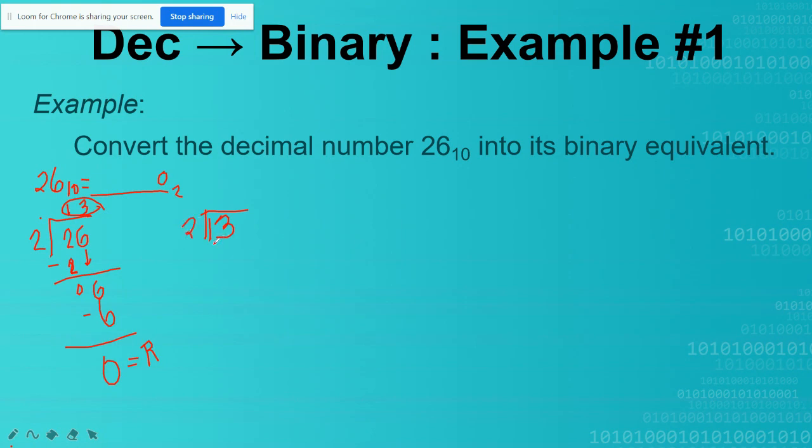Definitely, 13 divided by 2 is 6. 6 times 2 is 12, so definitely we have remainder 1.